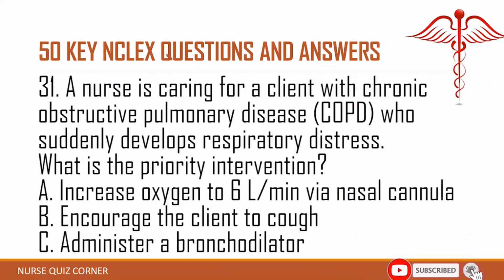31. A nurse is caring for a client with chronic obstructive pulmonary disease, COPD, who suddenly develops respiratory distress. What is the priority intervention? A. Increase oxygen to 6 liters per minute via nasal cannula. B. Encourage the client to cough. C. Administer a bronchodilator.